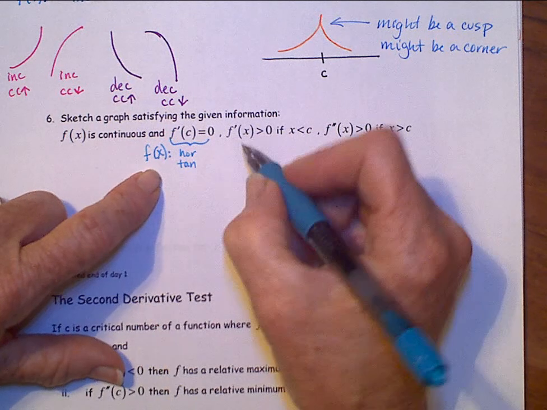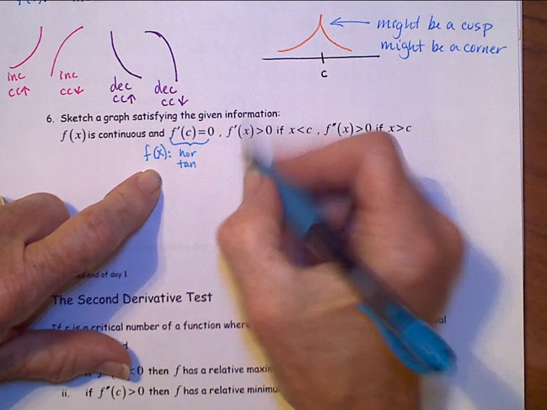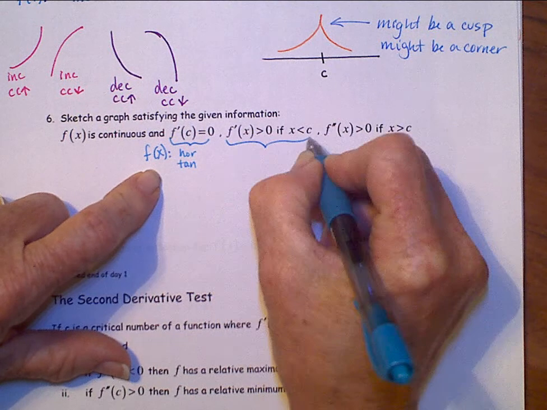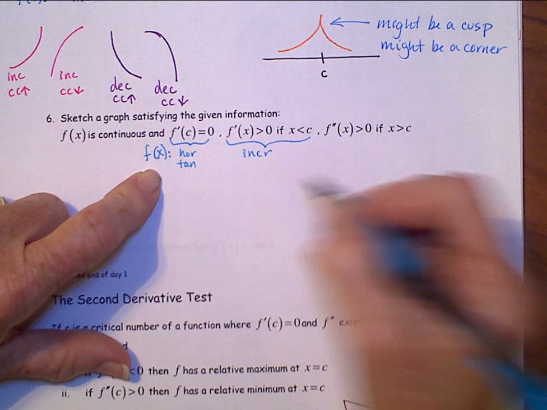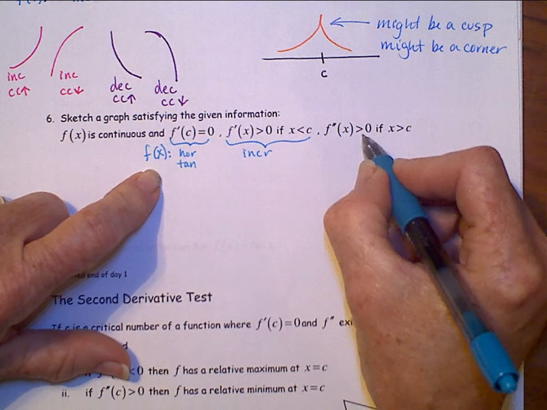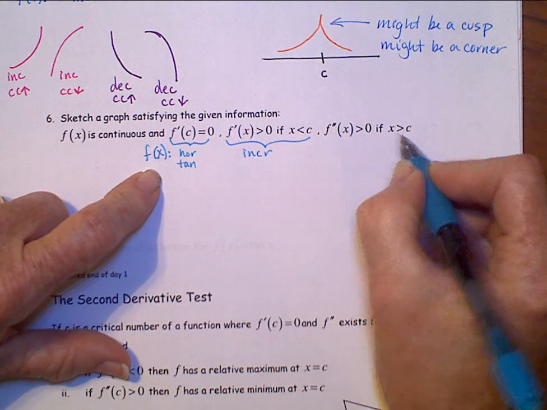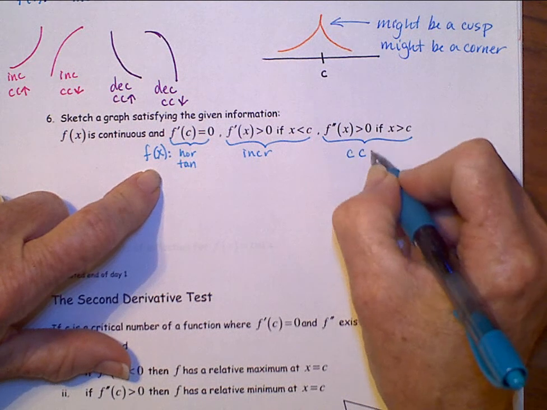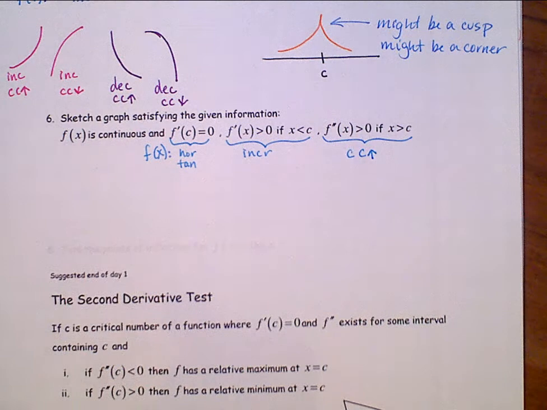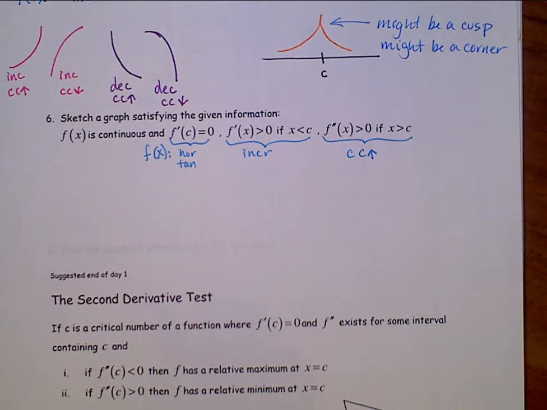F prime greater than 0 when x is less than c says that f of x is increasing. And f double prime greater than 0 if x is greater than c tells us concave up.